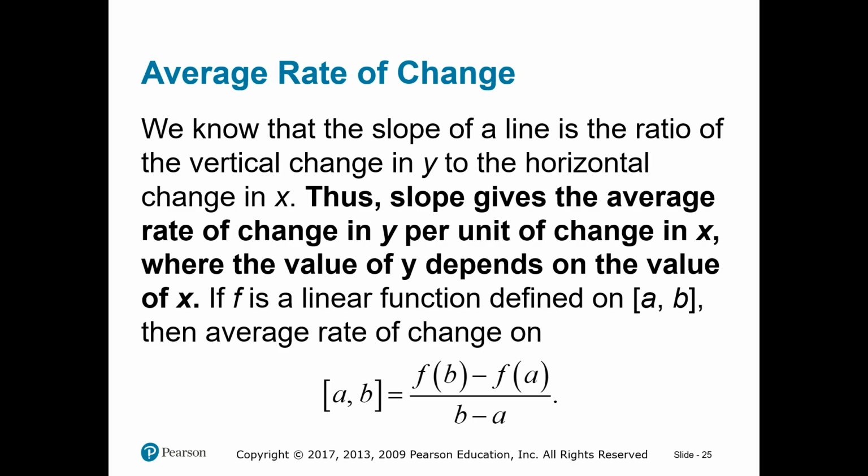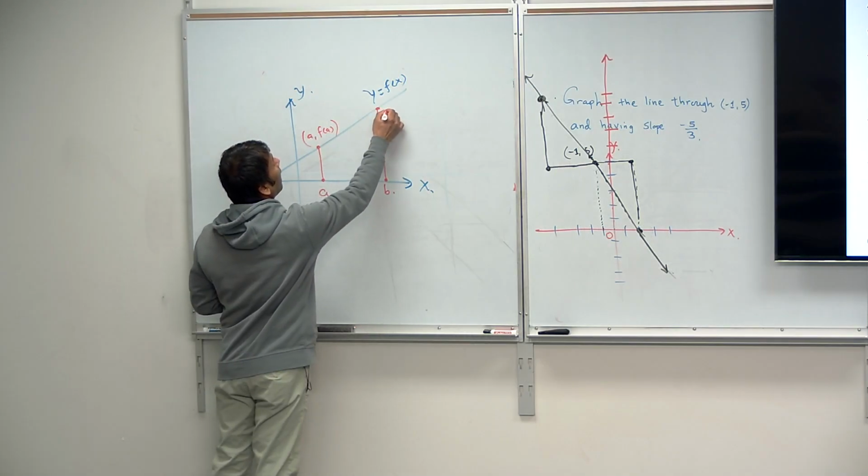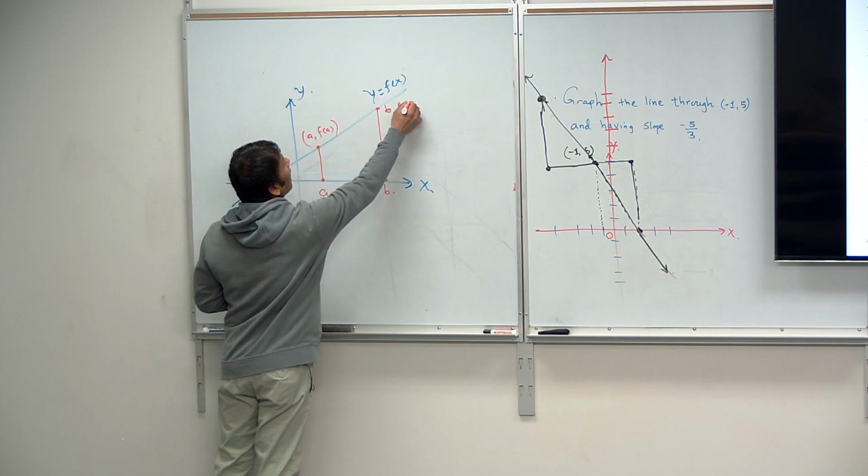You have an x-axis here, you have a y-axis here. This is the function y equals f(x). Are you guys with me? Right? So now look here. This is your a, right? And this is your b, right? And now this is what? This is the point (a, f(a)), and this is the point (b, f(b)), right?